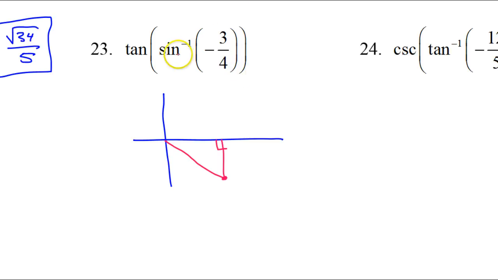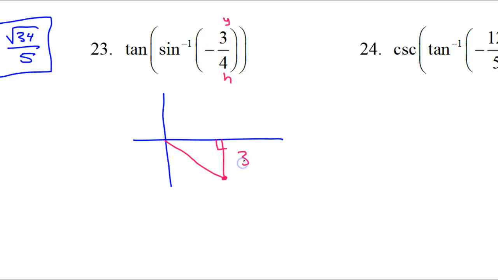Okay, so sine is opposite over hypotenuse. It's going to be a y value over the hypotenuse. So when I look at this 3 and this 4, I'm going to go ahead and look at this as a negative 3. I could put this negative sign on the 3 or the 4.